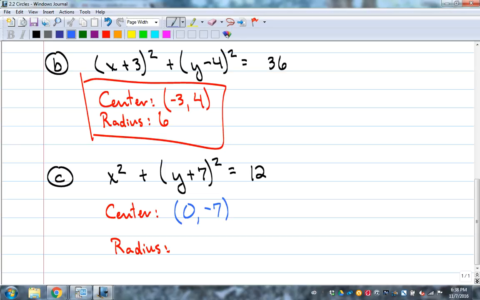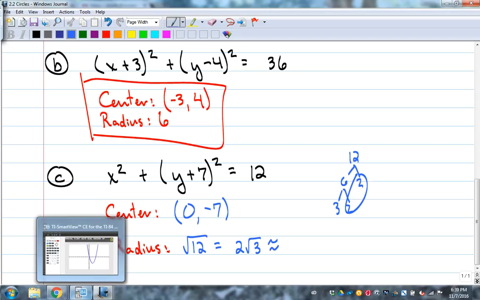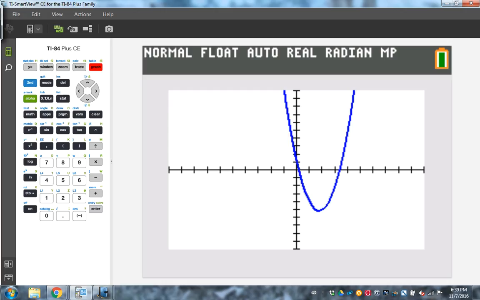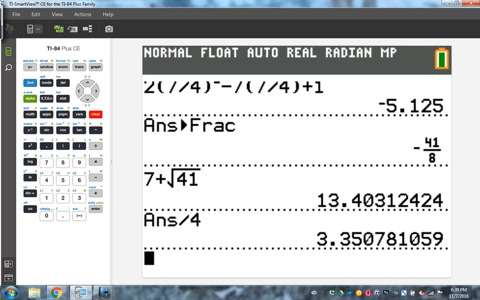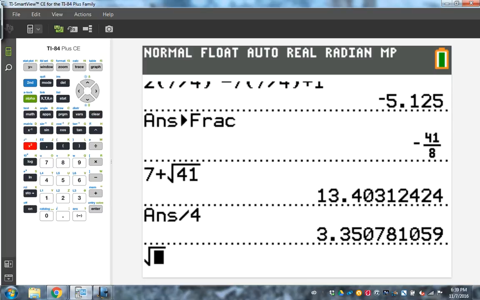The radius would be the square root of 12, which if we think about breaking that down, it would be 2 radical 3, which is what as a decimal, approximately? Go to calculator, I go square root of 12.